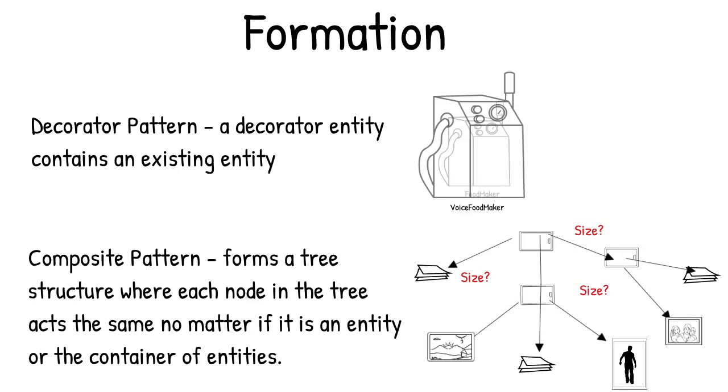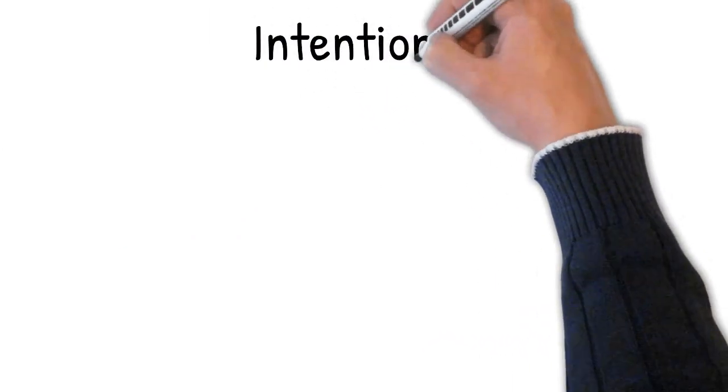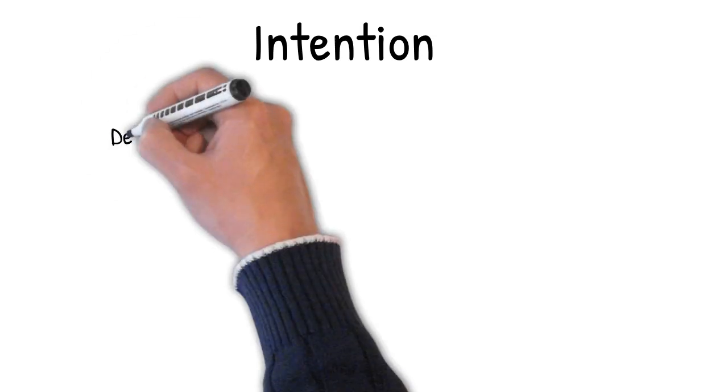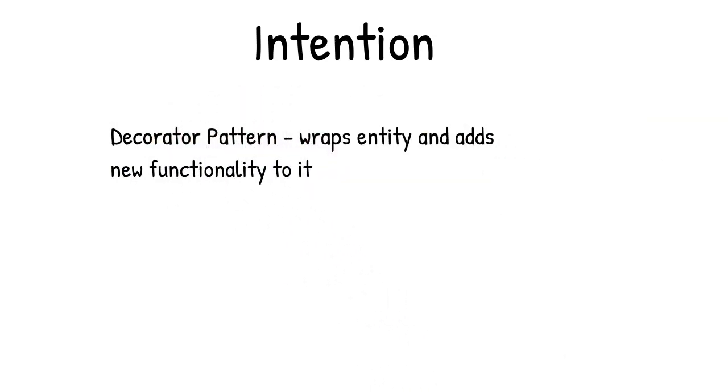The second key difference is about the intention behind using the design pattern. In case of decorator pattern, the intention is to wrap an existing entity so as to add new functionalities on top of it without modifying the underlying structure.